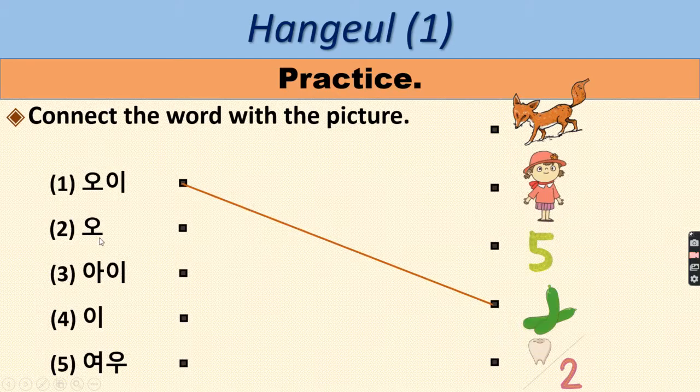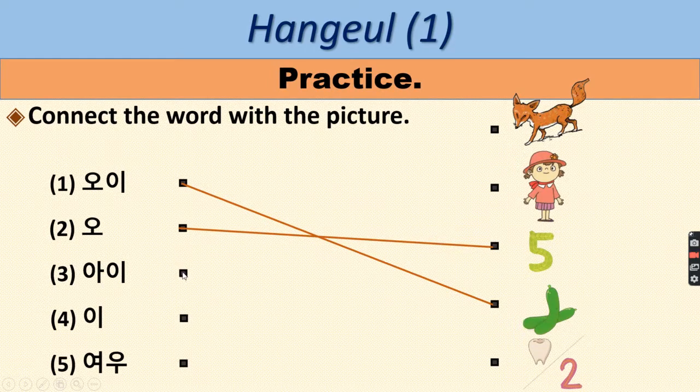Okay, number 2, this one is il. Okay, hana, this one dul, it's o should go with, which is the answer? Okay, it should go with number 5, very good.